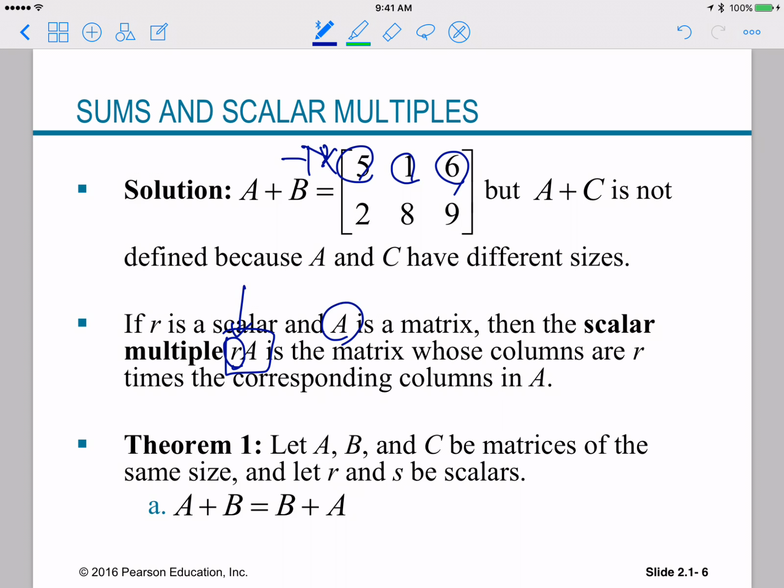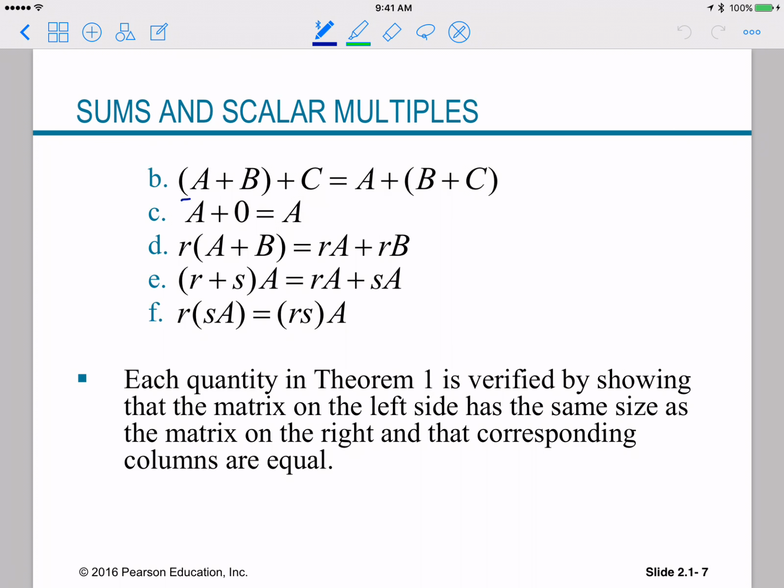Okay, and then there are a few theorems which seem to be quite trivial. So these are commutative laws. In the case of addition, we can change the order of the addition among multiple matrices. And then here, if we add a 0 to the matrix A, we still have A. And here, this 0, is it a vector or scalar or matrix? So there are 3 choices.